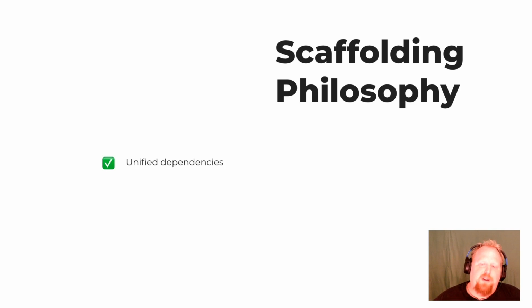All right, so some scaffolding philosophy real quick I wanted to talk about. One piece of NX, and this is something we get asked about sometimes, a core philosophy of NX is having unified dependencies. So in your workspace, you're going to have multiple applications and multiple libraries, and a big goal of this is to make sure you're on the same version across each. Make sure all of your tools are aligned.